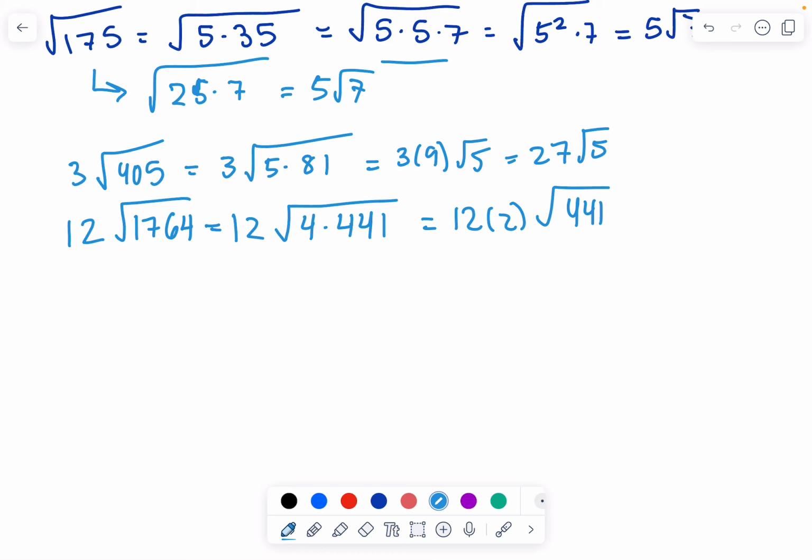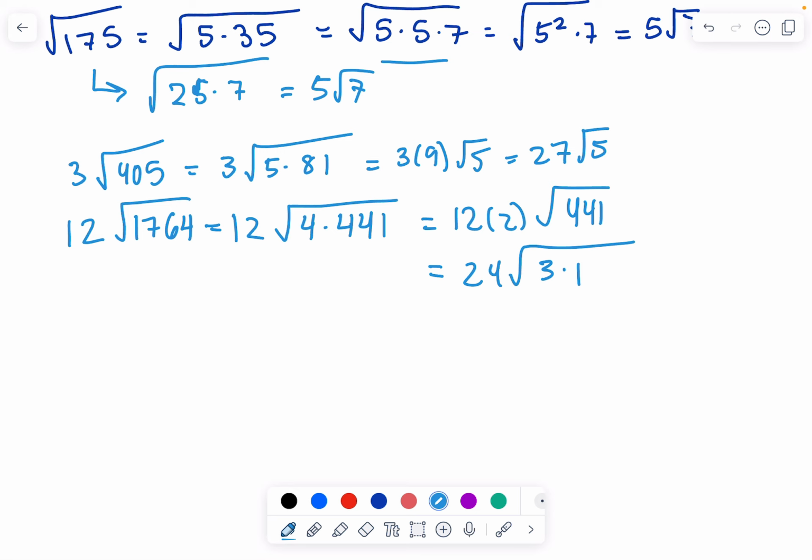Are there any perfect squares contained inside of 441? Let's just try something. I know 4 can't go into 441 evenly. Maybe 3 will go into 441 evenly. So let's see, we have 12 times 2, which is 24. 3 can go into that once.